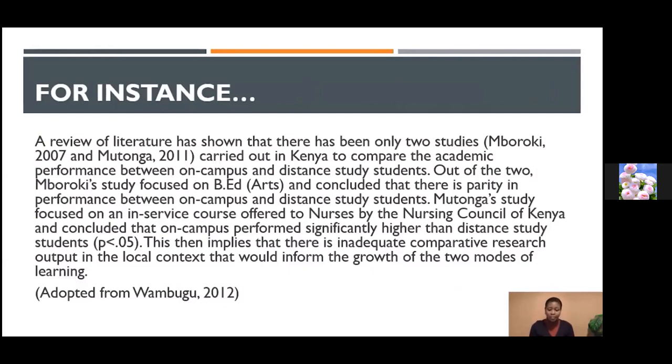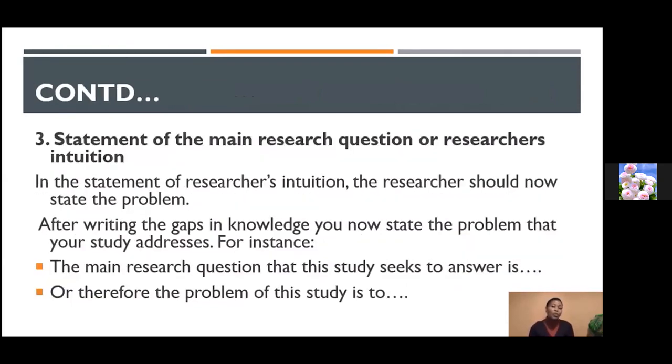And you'll be able to read this statement of knowledge gap, and this one captures the context. It is the context that brings out the knowledge gap as far as this author is concerned. And now once you have your statement of knowledge gap, you had earlier on written your statement of social need, you now write the statement of the main research question, or what is called the researcher's intuition.